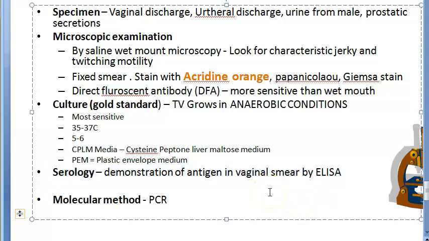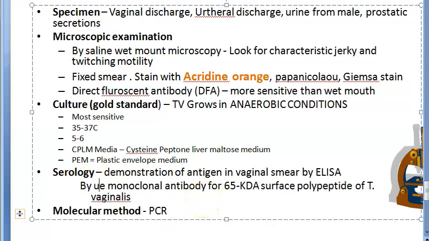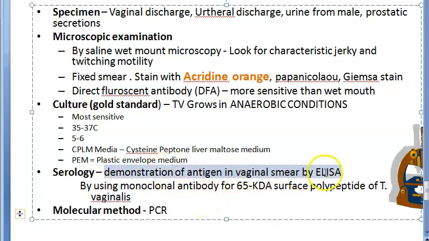So you can demonstrate the antigen in vaginal smear by ELISA by using monoclonal antibody for 65 kDa surface polypeptide. So this is the antigen of Trichomonas vaginalis. Which one? 65 kDa surface polypeptide.